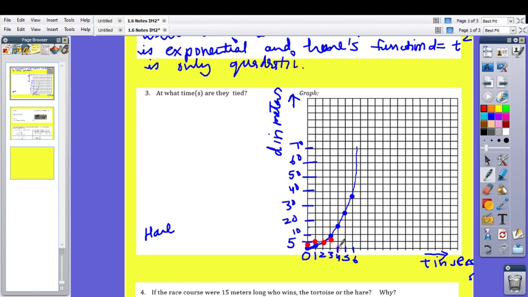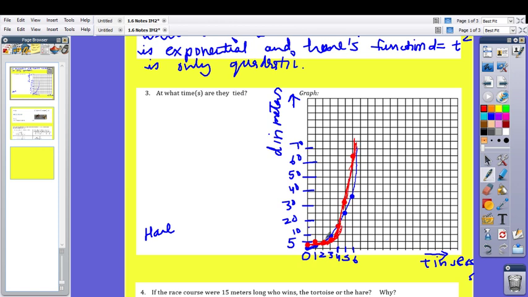When t is 4, they both are at 16. And then this one will be 32, so a little bit up. And when t is 6, this guy is on 64, which is somewhere here. So now let's graph it. This is how this graph goes. It comes down, and then it goes up again. So this is how it looks. Okay.